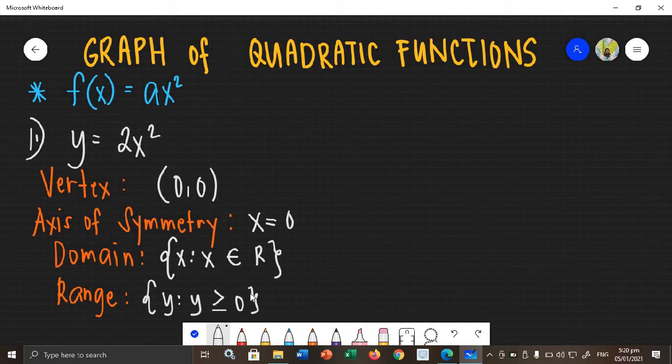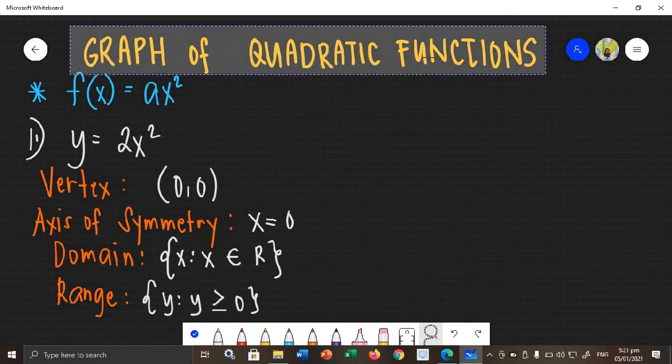So, yung value ng range mo, that will be based on the sign or the value of the coefficient in the quadratic term. So, I'm not going to expand my explanation. I already discussed that last lesson. And then I will just move this para magkasya.